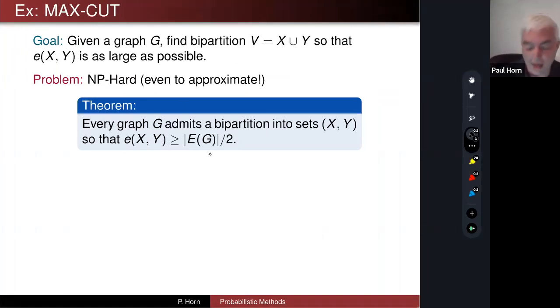Every graph turns out to admit a bipartition into 2 sets so that at least half of the edges of the graph are across the cut. And let me prove this really quick.